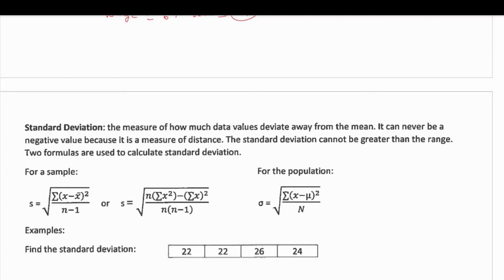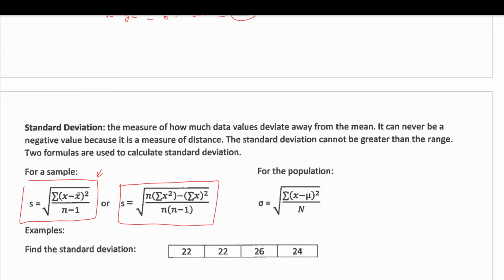Now, it's kind of a complicated formula, but it's actually not too bad. There are 2 different versions of it. One of them can be done easier than others. I would suggest just going for the first one. If you create a table, you can calculate that way.